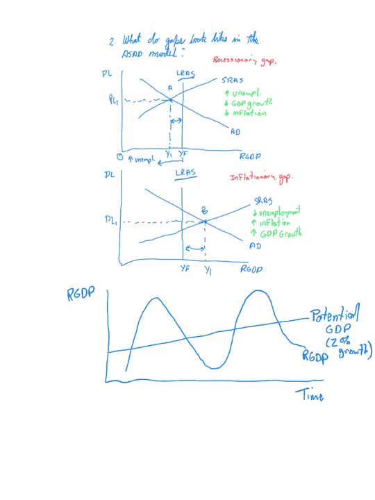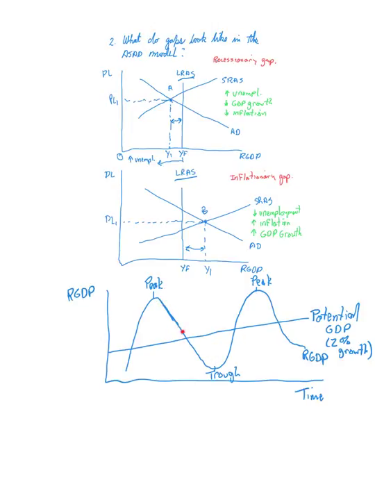Okay, so here we've got peaks, and then we also have a trough. And recessions tend to be down along this curve. There's your recession.